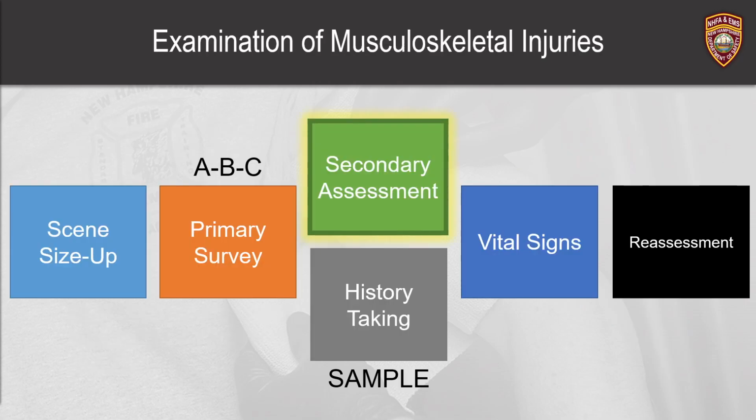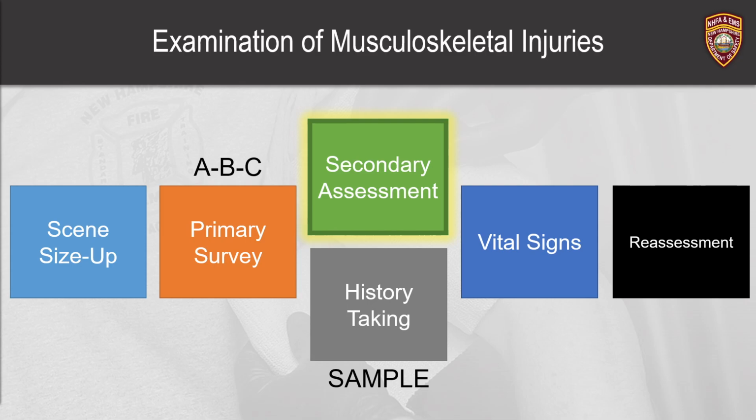And so once again, we are following this systematic method of assessment. Scene size-up, we're doing our ABC primary survey, D for update dispatch, or update the responding units. And then we're going to launch into an appropriate secondary assessment.